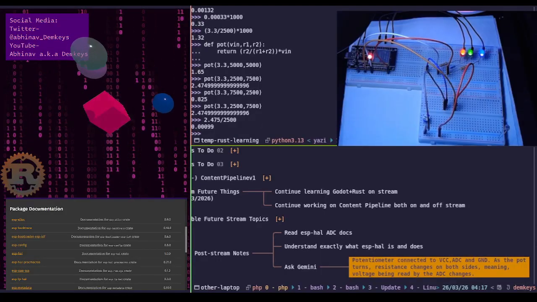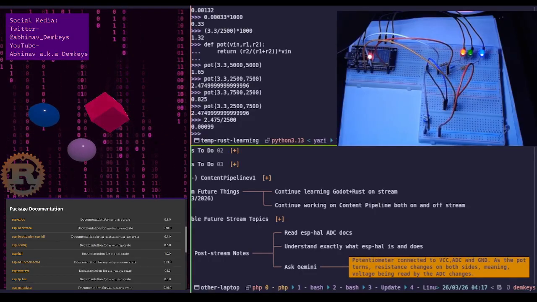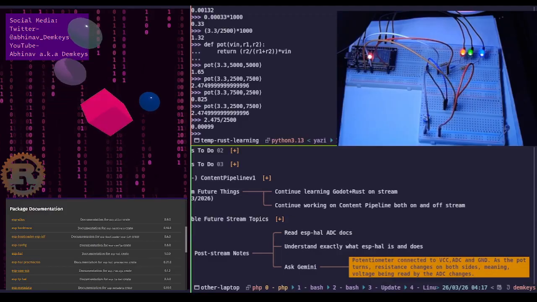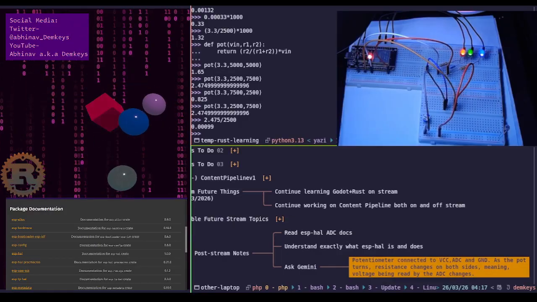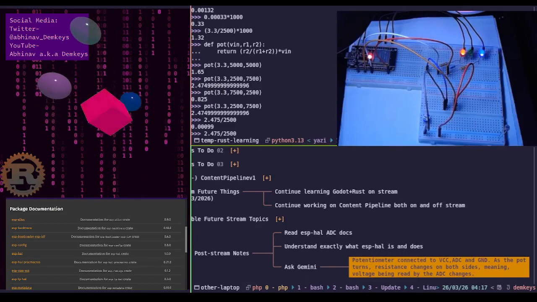So we are now at 0.0001. Actually, that's about to become 0.001 amps. Let's multiply that by 1,000.